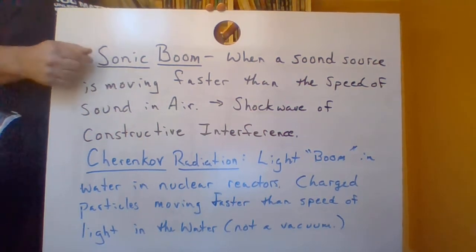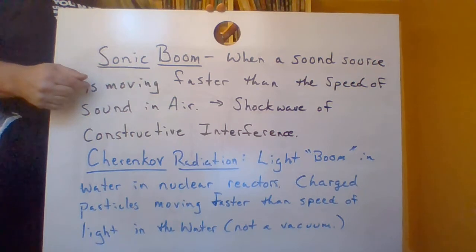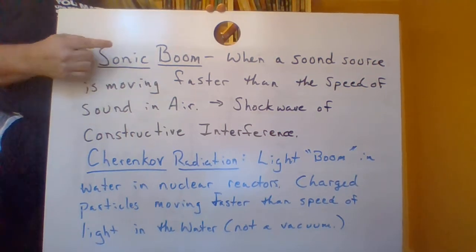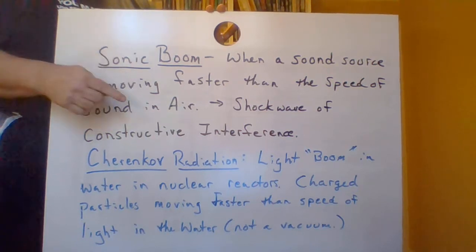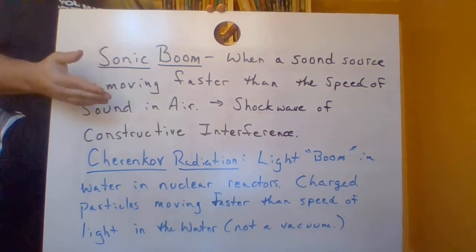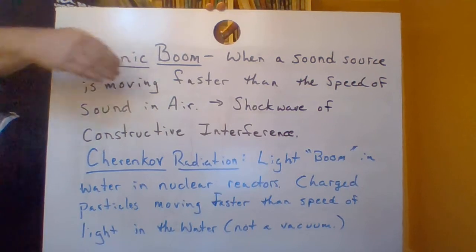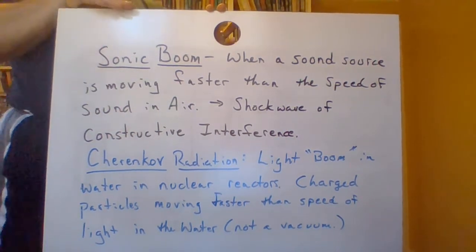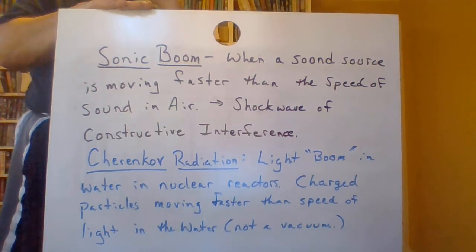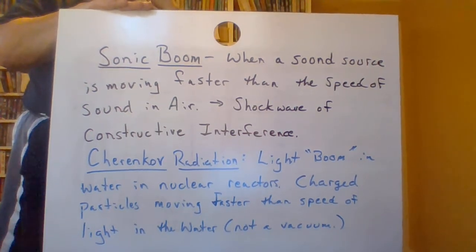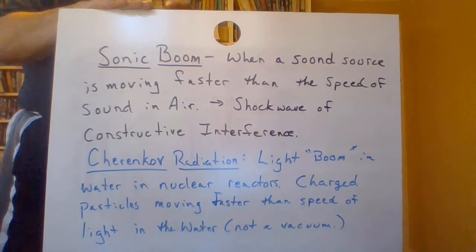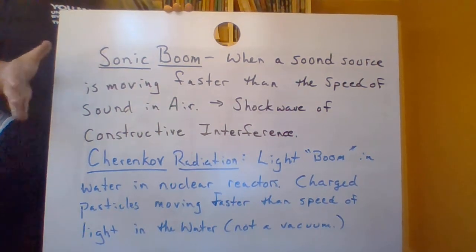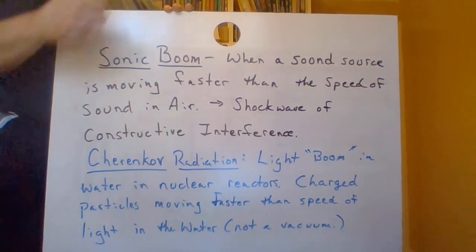Okay? This creates a shock wave. That shock wave is a constructive interference of the overlapped waves. Now, for a boat, that's what creates the V you see in the water. In air, you don't really see the sonic wave except for those really special photographs that they've made of planes as they're breaking the sound barrier.